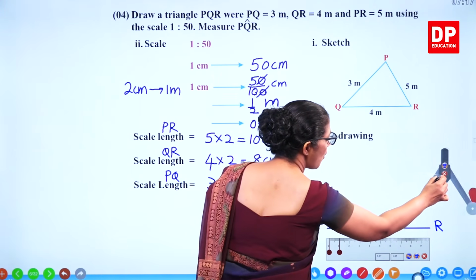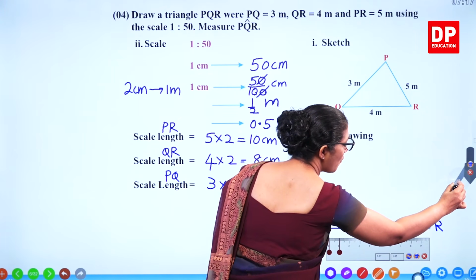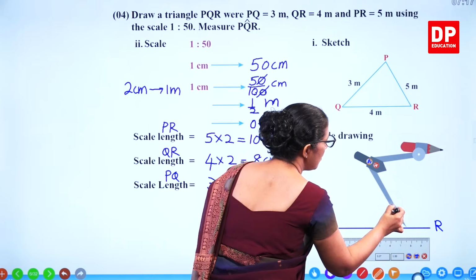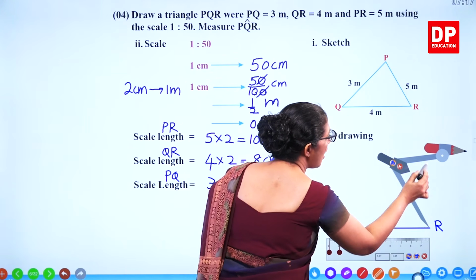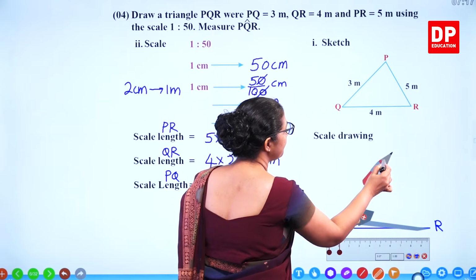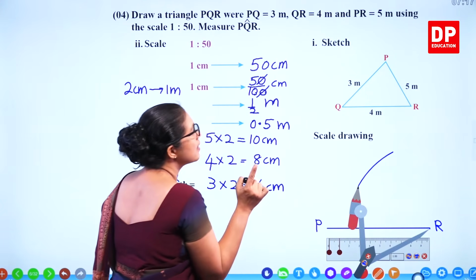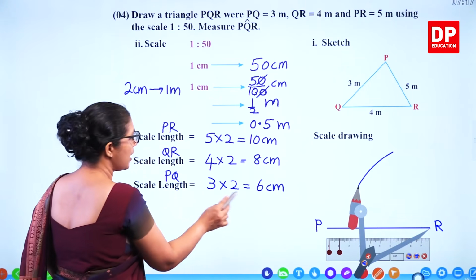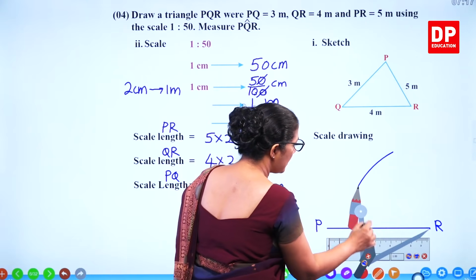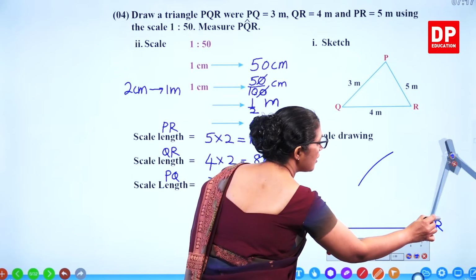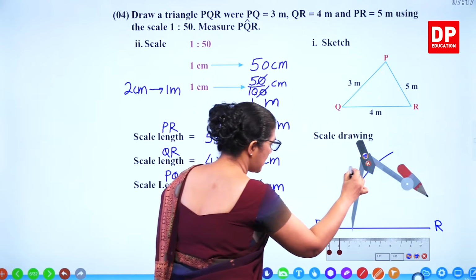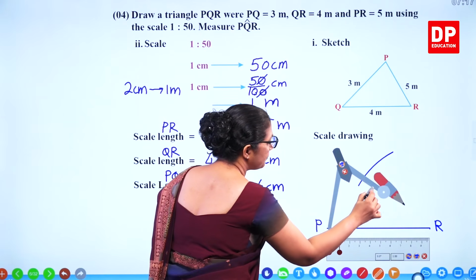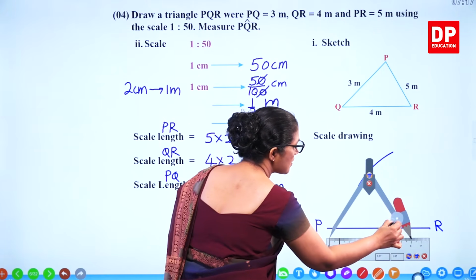QR means starting from Q, keep the compass on top of Q point. You can draw the arc somewhere here. That's QR. What's PQ? 6 centimeter length. So take the compass and now you have to measure 6 centimeters.